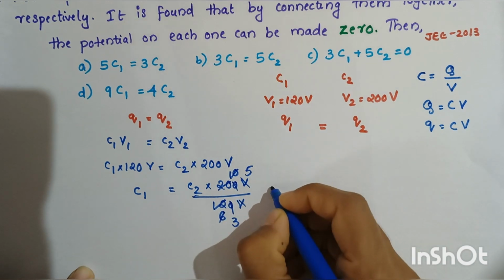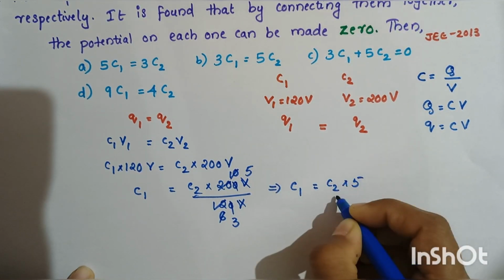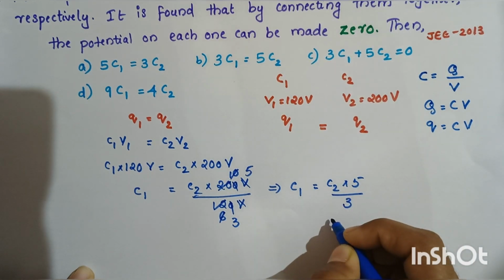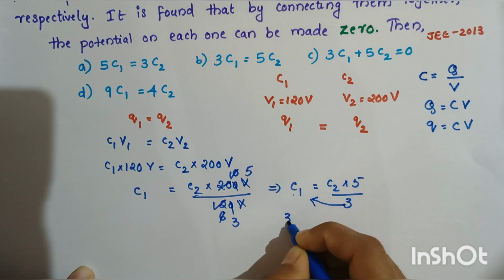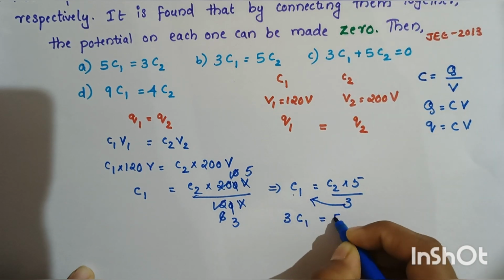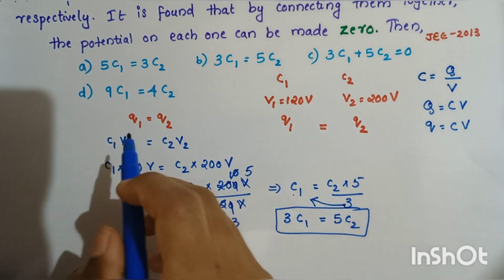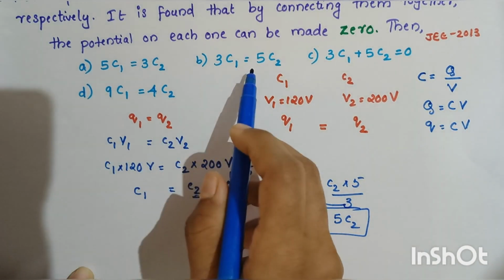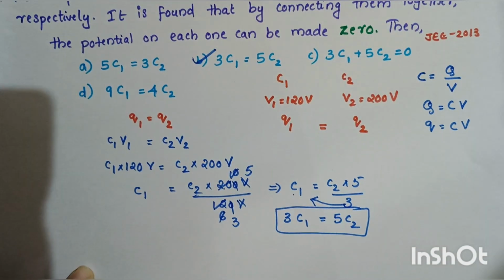So here you have C1 equals C2 into 5 divided by 3. Now I am taking this 3 to the other side of the equation, it goes to the numerator. So it becomes 3C1 equals 5C2. So which one is the correct option? 3C1 equals 5C2. So option B is the correct option.